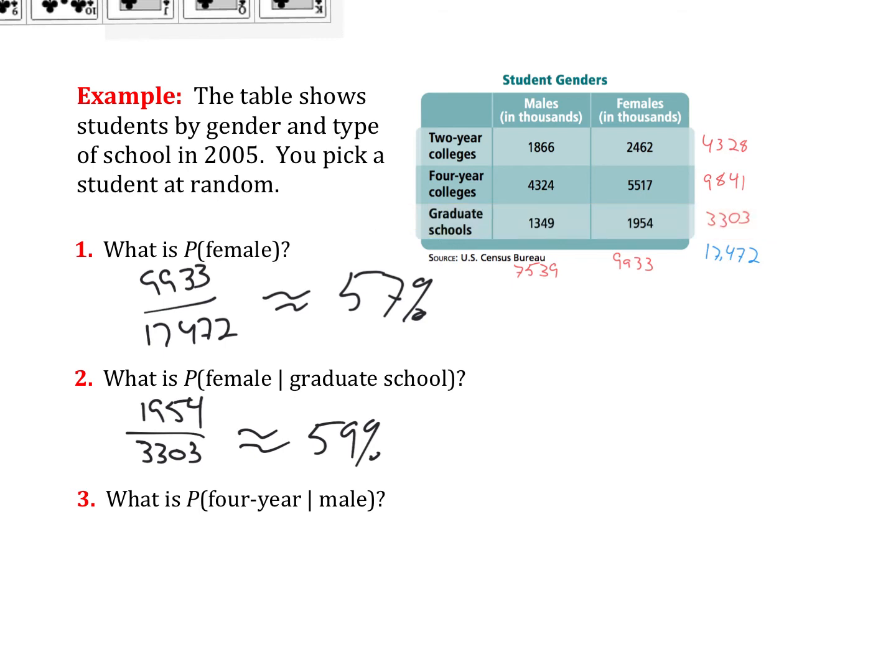Next one, what is the probability that someone went to a 4-year school given that they are male? So if we're operating under the assumption that it is a male, we only care about this column. We're assuming that they are already males. So now we're figuring out what's the probability of 2-year, 4-year, grad school, whatever, out of that total of 7,539.